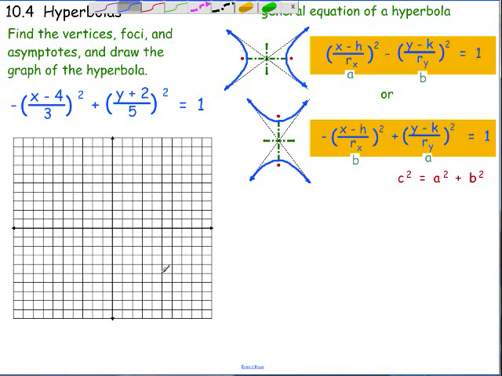So here it is. Let's graph it. We'll start with finding the center. That's at 4 and -2.